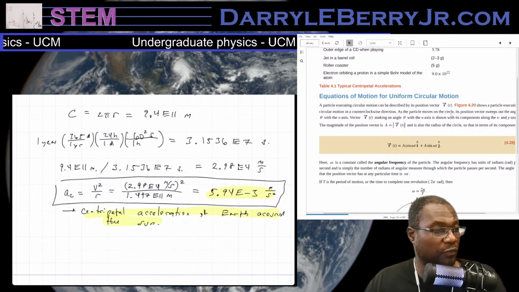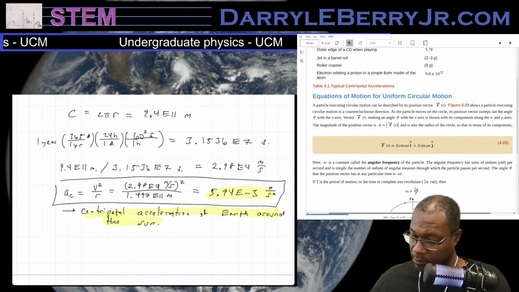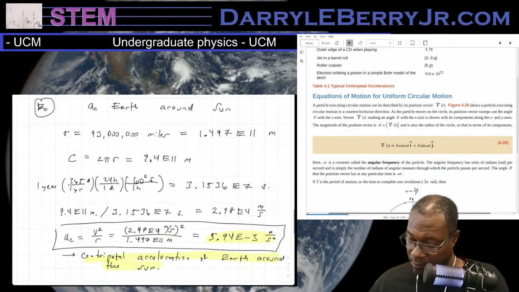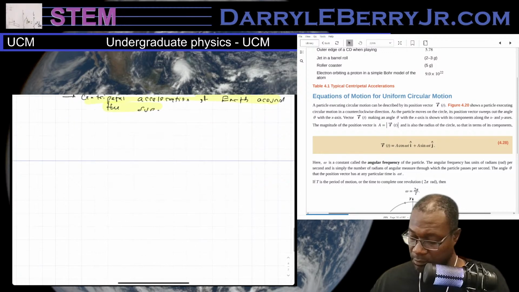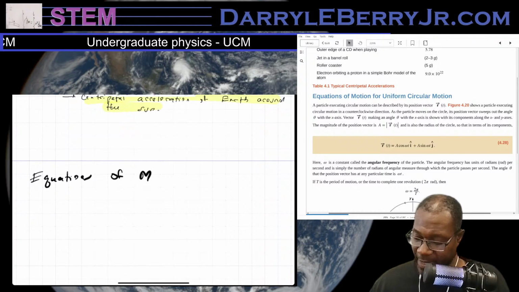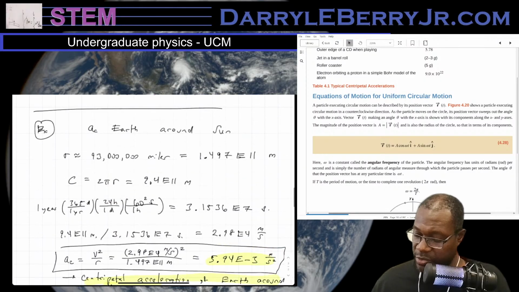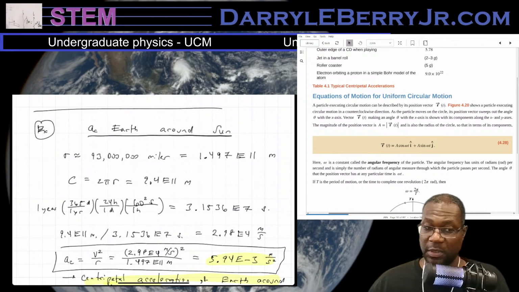Equating the motion for uniform circular motion. I actually used this problem for one of my classes, by the way, calculating the centripetal acceleration of the Earth around the Sun, and maybe even some of the other planets.